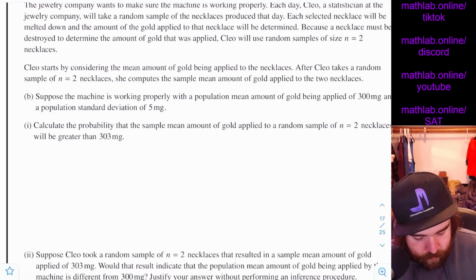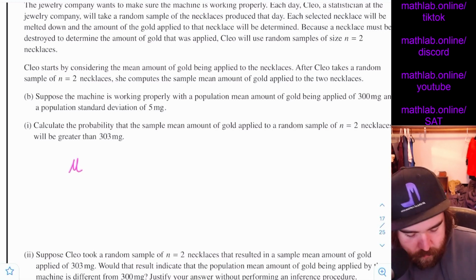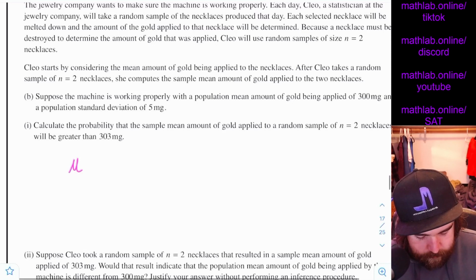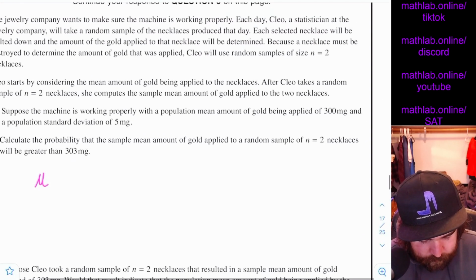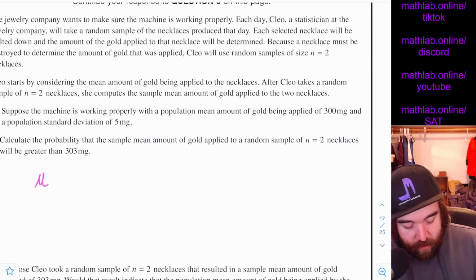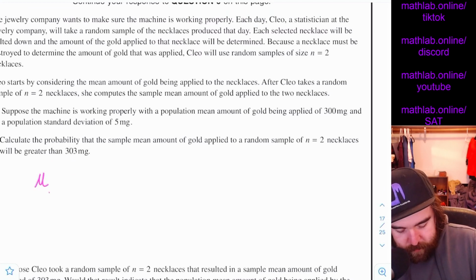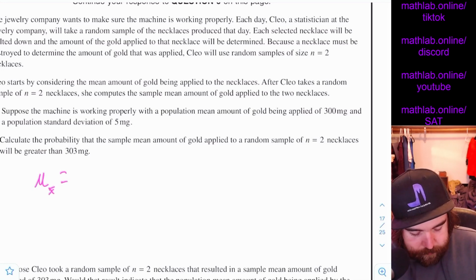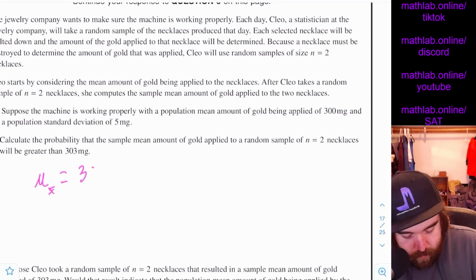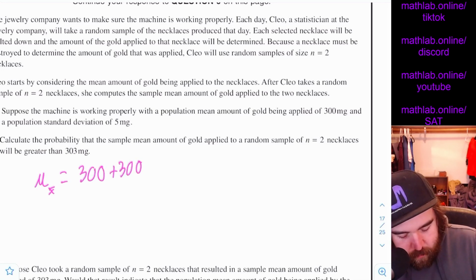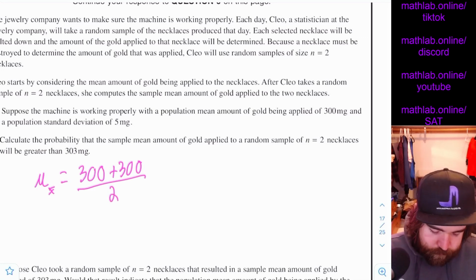So we know the mean of the mean, or I guess the mean of the sample, maybe we just go X bar, is 300. We're going to say 300 plus 300 over 2.